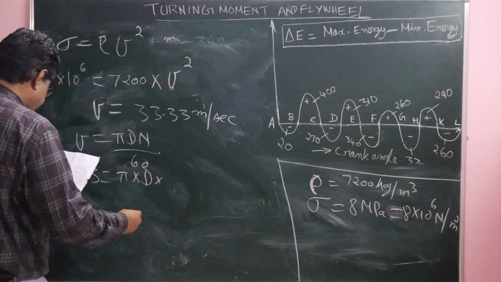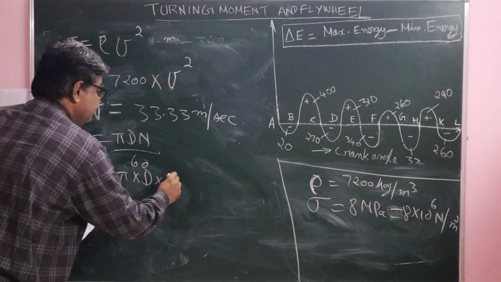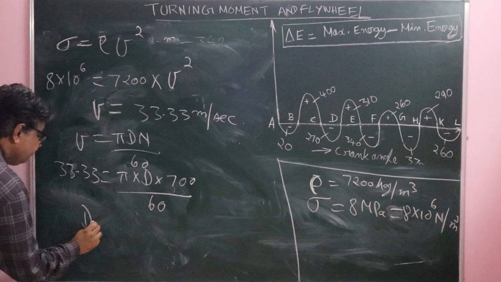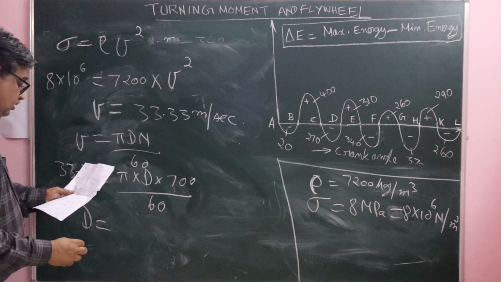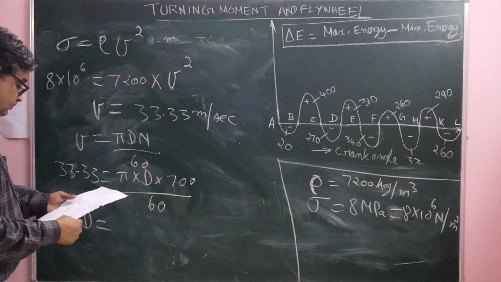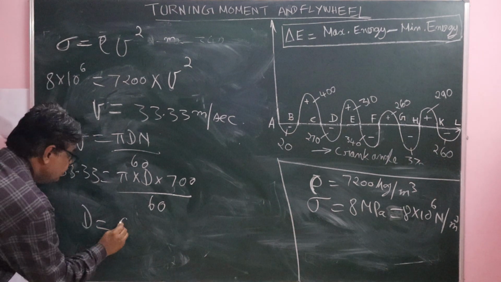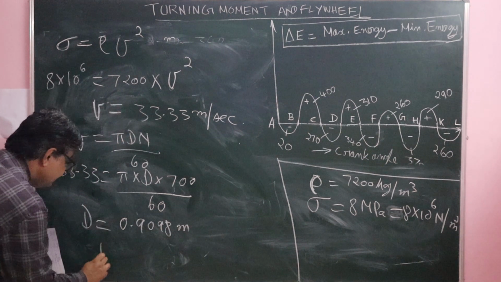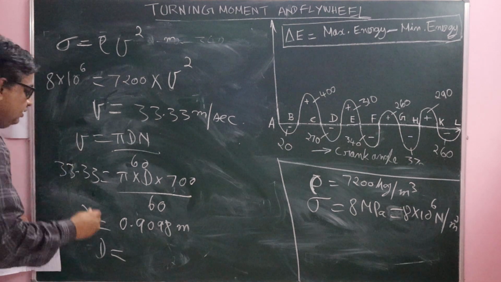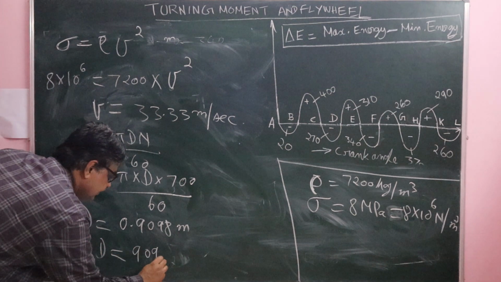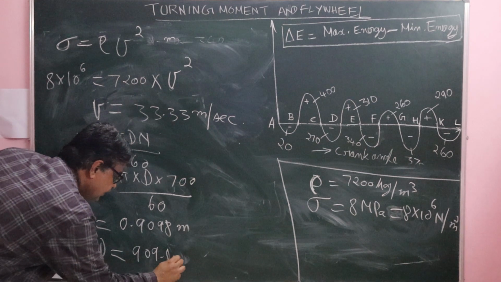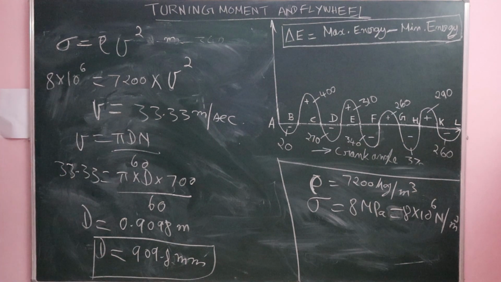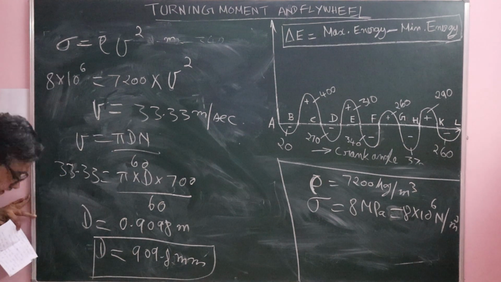N is 700 rpm, N equal to 700 by 60. Therefore, diameter of the flywheel rim D is equal to 0.9098 meter, which is 909.8 millimeter. We have found out the diameter of the flywheel rim.